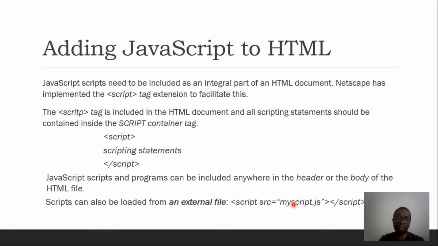We had an external .css file which was loaded, and it can perform various activities. So JavaScript can be included anywhere in the header or in the body of an HTML file.